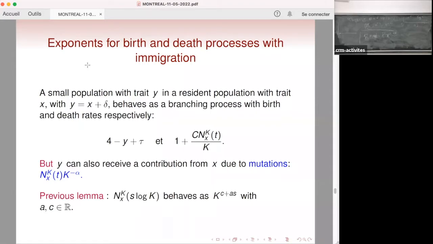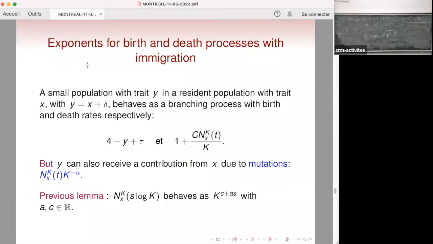At time t, you have the population size of individuals with trait x, N_x(t), times the individual mutation rate, which is scaled to K^(-alpha). And this quantity on the time scale logarithm of K behaves as K to some constant c plus some constant a times s.